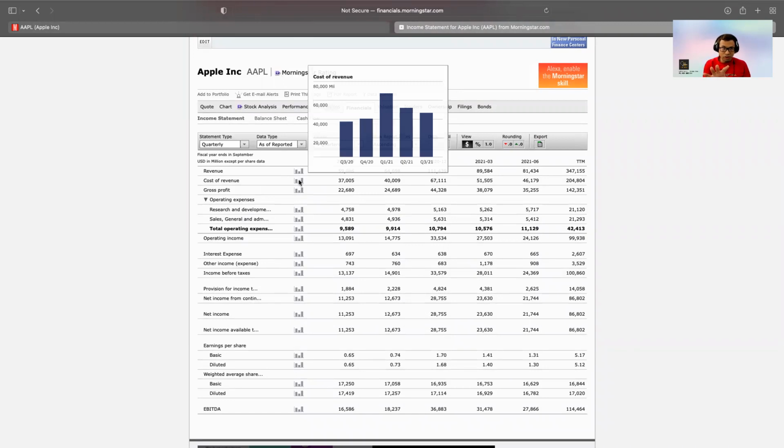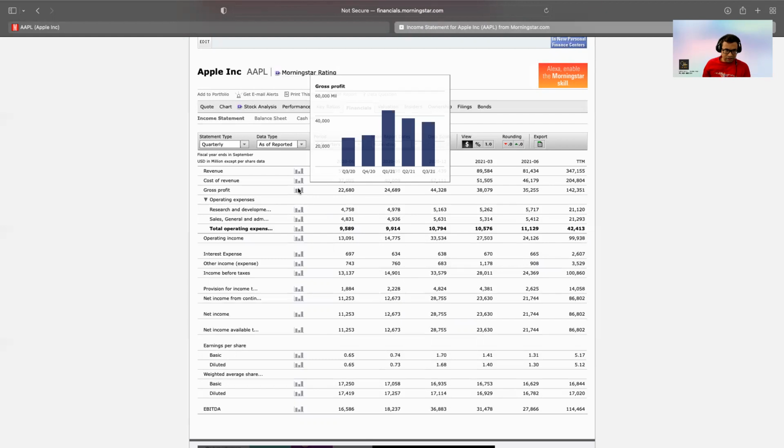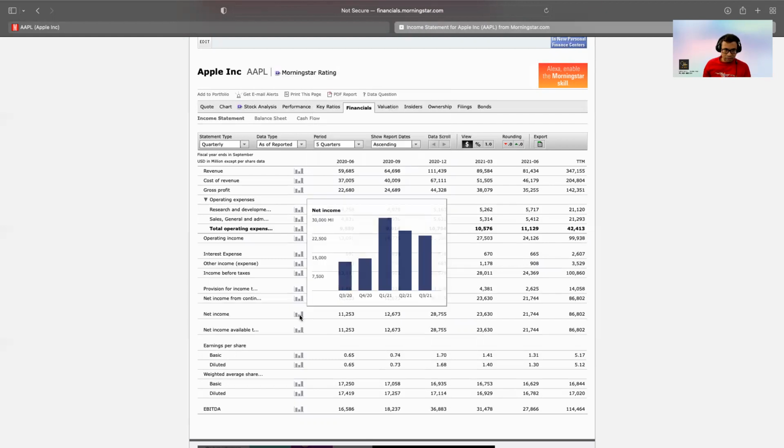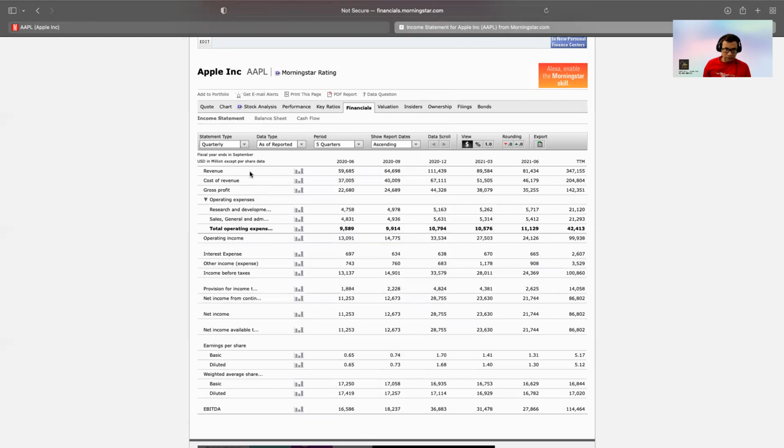This is for the visual, because some people love to see things visually, easier for them to make an analysis based on pictures. If you are a visual person, maybe you can click here. No need to click, just move your cursor here. So the income here you can see is up quarter to quarter, but the recent quarter is dropping. That's all for the income statement.